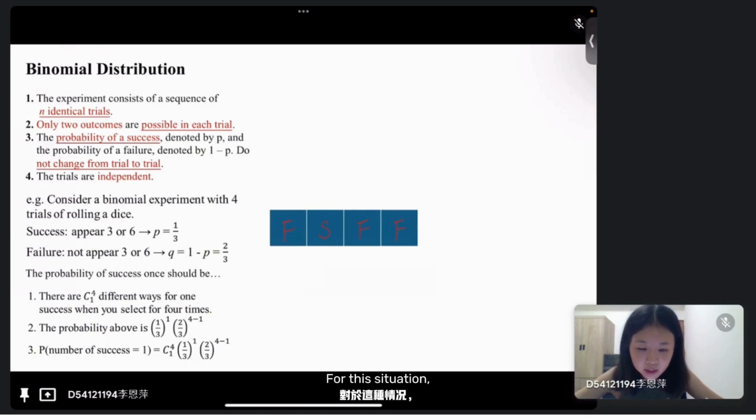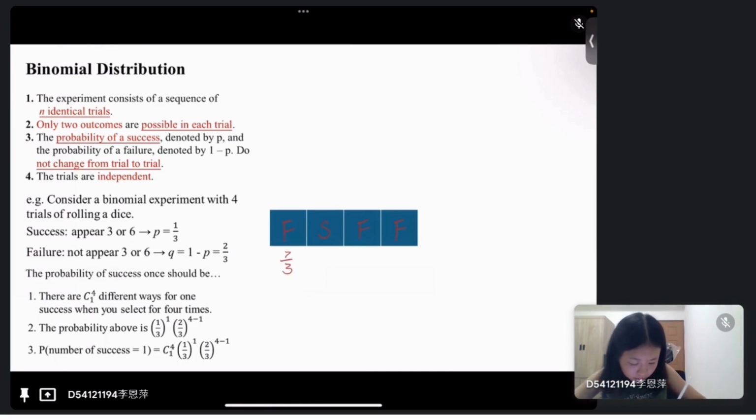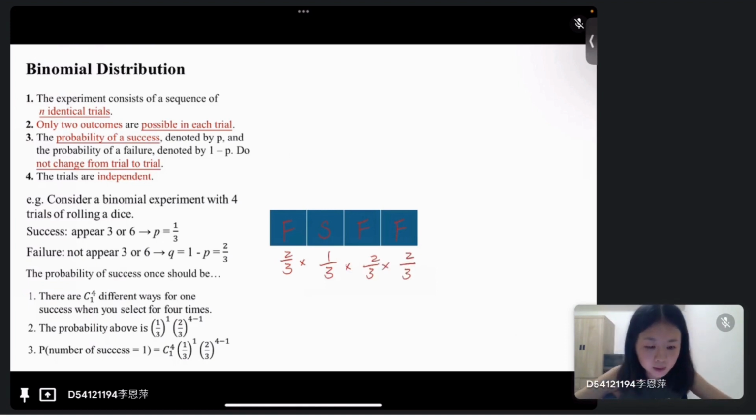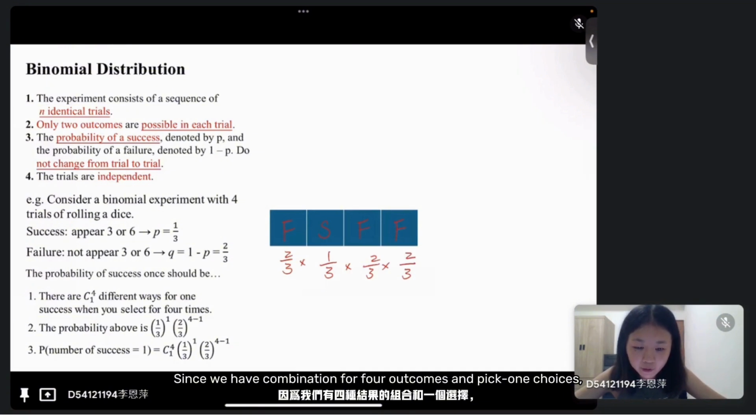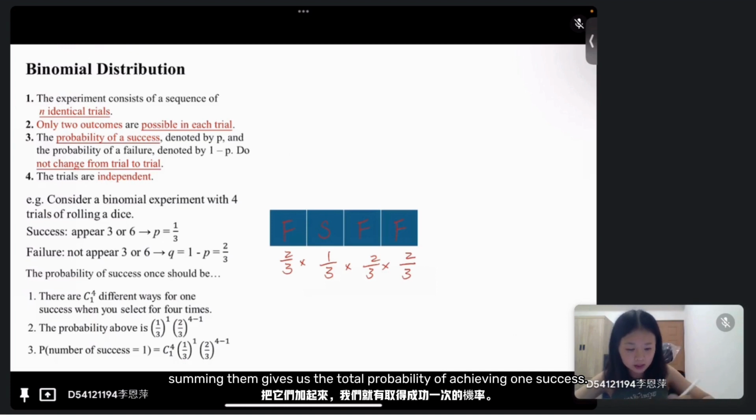For this situation, the probability of the event occurring is 2/3 multiplied by 1/3 multiplied by 2/3 multiplied by 2/3. Since we have 4 choose 1 options, and each choice has this probability, summing them gives us the total probability of achieving one success.